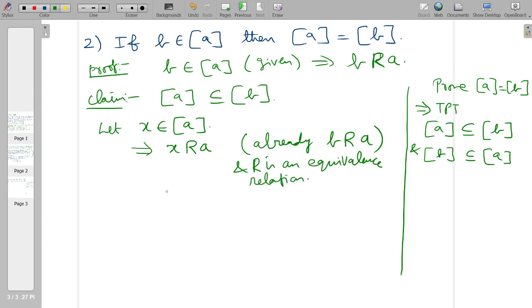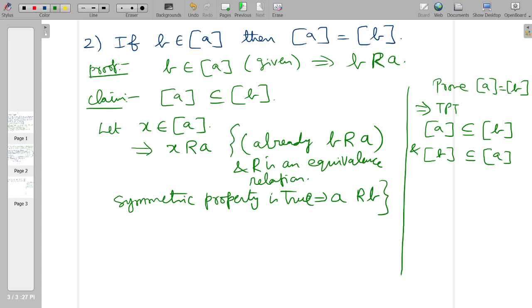Because R is an equivalence relation, symmetric property is true. So what do you get? You get A is related to B. This will be true.